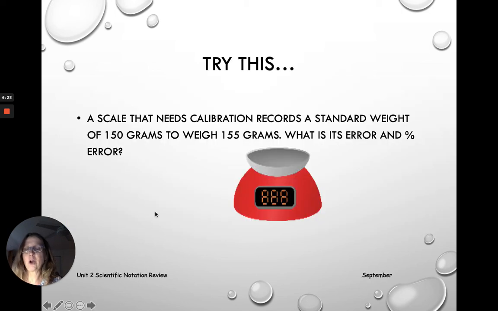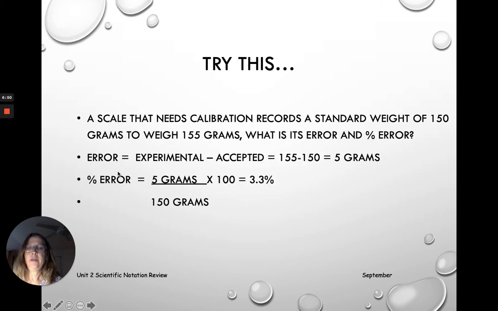All right, so let's try a few things. A scale that needs calibration records a standard weight of 150 grams to weigh 155 grams. So we've got a weight, we know that weight weighs 150 grams, it's been calibrated, but when we put it on our scale that we think is a little bit off, it says 155. What is its error and what is its percent error? So the error is just the experimental minus the accepted. The experimental was 155, that's what our scale said.